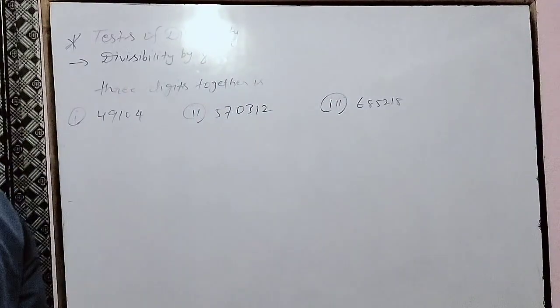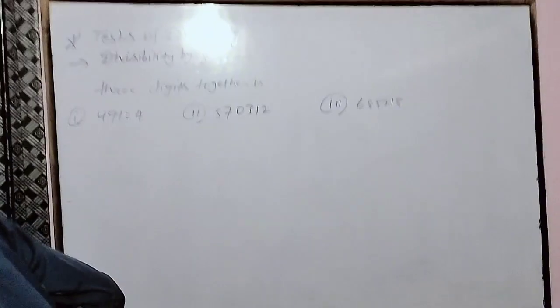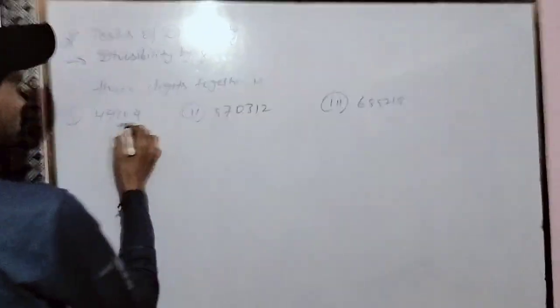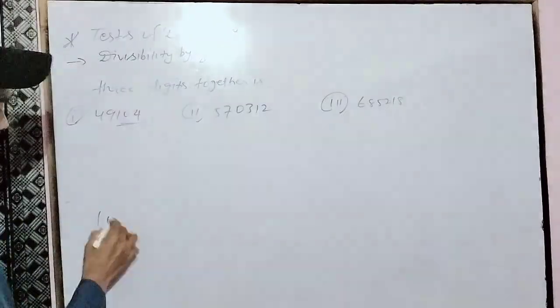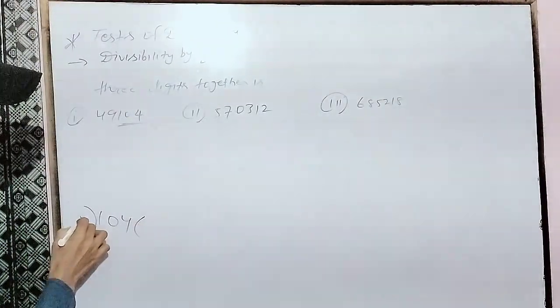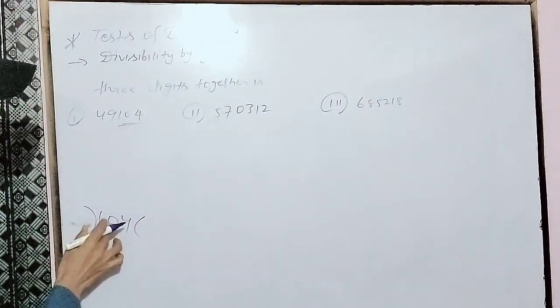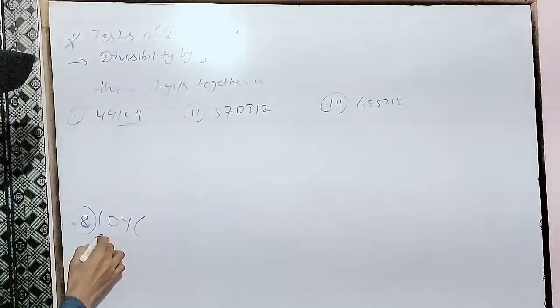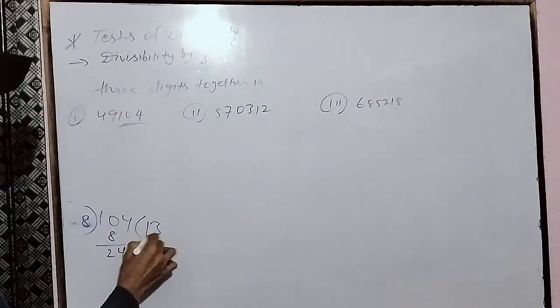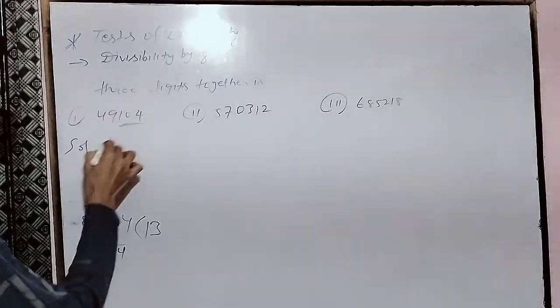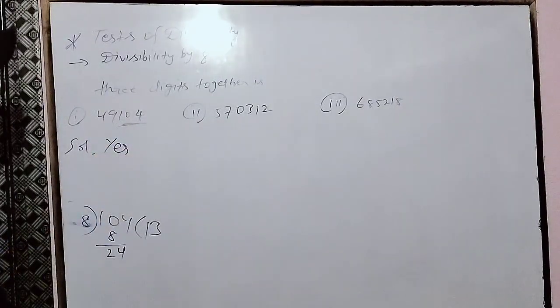In order to check, how to check? Just look at the last 3 digits. Here it is 104, and you need to divide this number by 8. 8 1s are 8, 8 13s are 104, yes. This is divisible by 8.